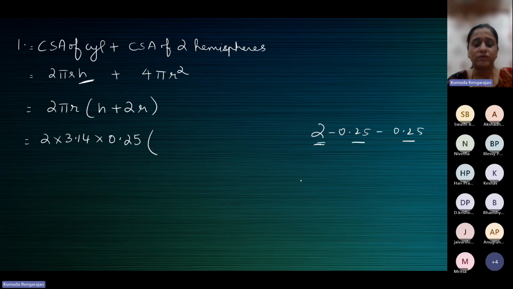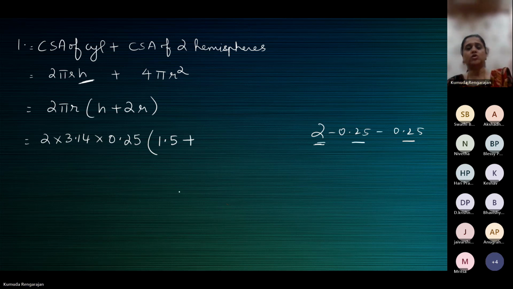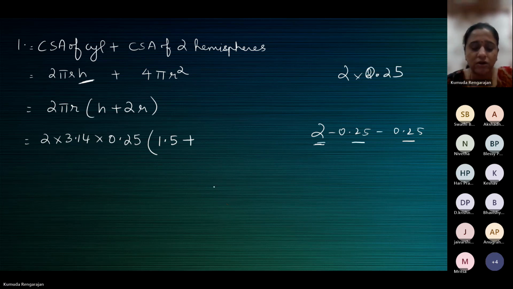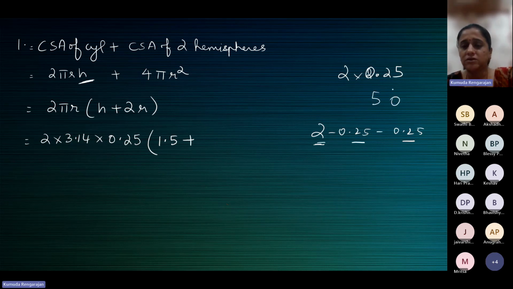That gives 1.5, also given to you there straight away, plus 2r. 2r meaning 2 into 0.25, sorry, not 2.5. 25 into 2 is 50, with 2 decimal places, so 0.5.